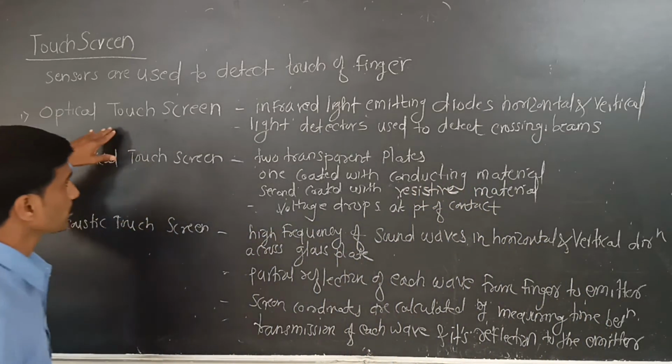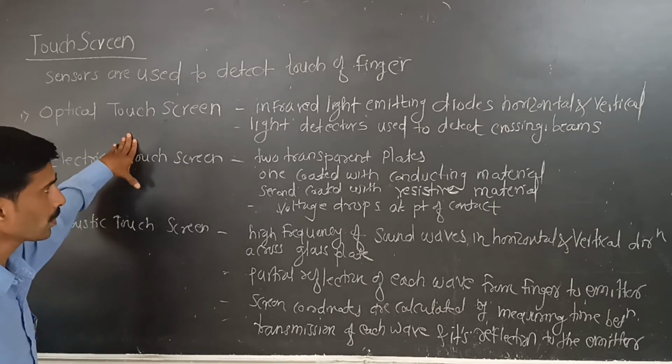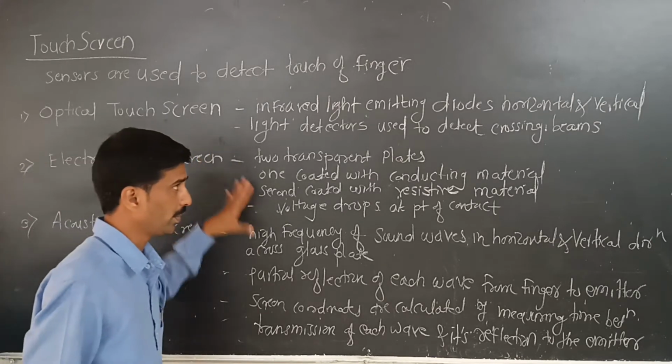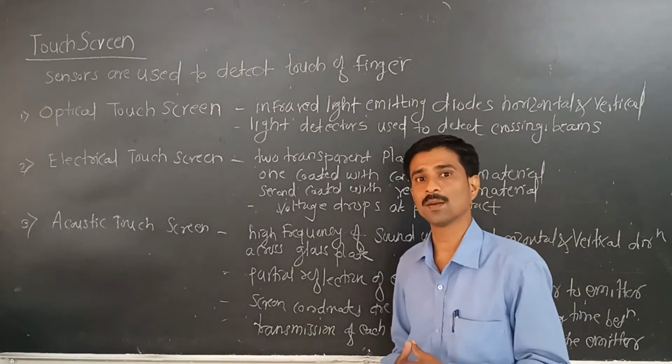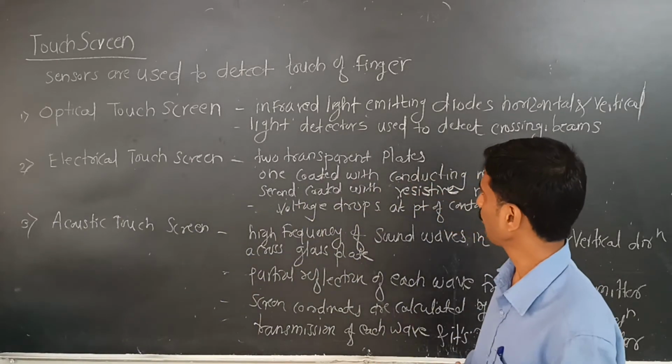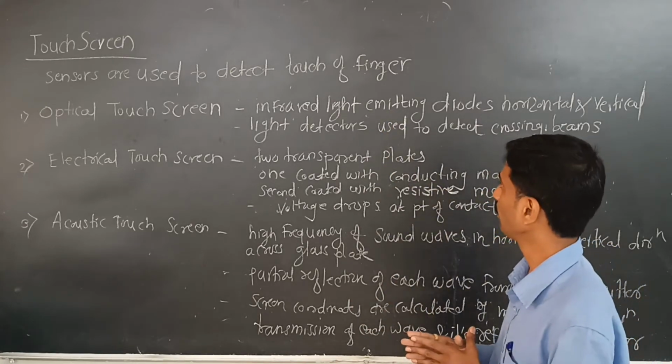So here in the optical touch screen, different horizontal and vertical electrodes are present, and they are emitting infrared light.